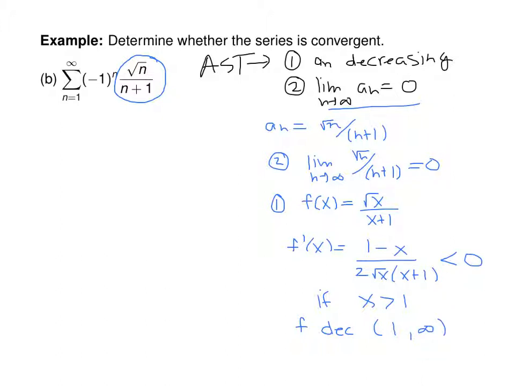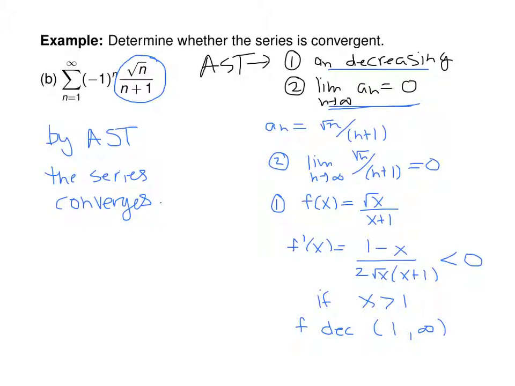And so because those two conditions are met, by the alternating series test, the series converges. So if the a sub n's are decreasing and the limit is 0, these two things imply convergence. Either thing not happening, your series will not converge.